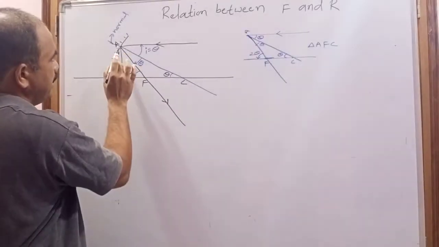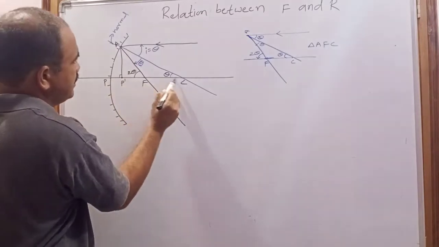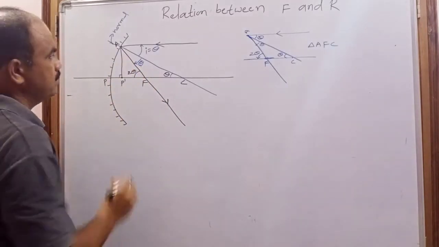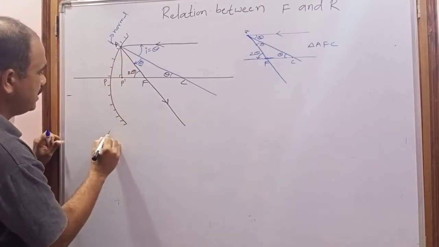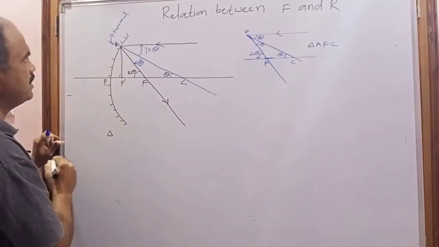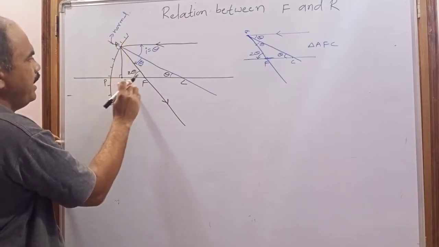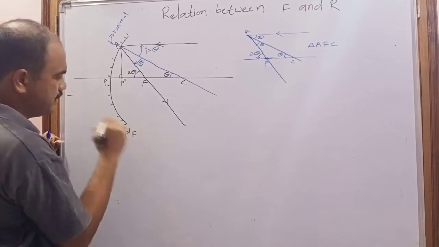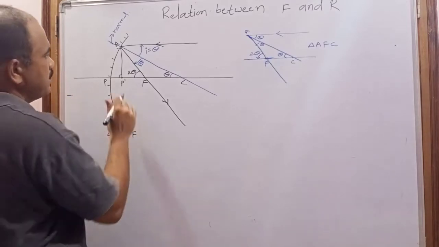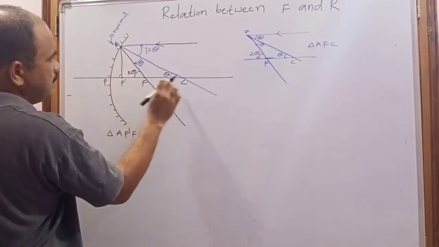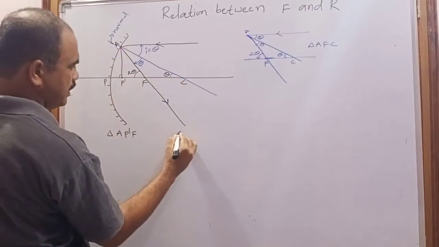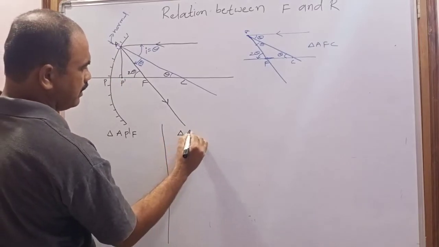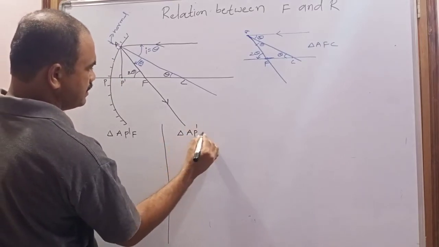The second right angle triangle is A P dash C.